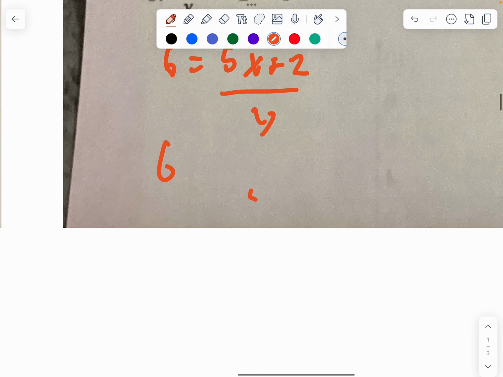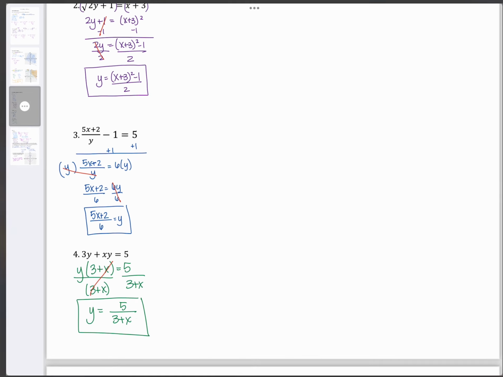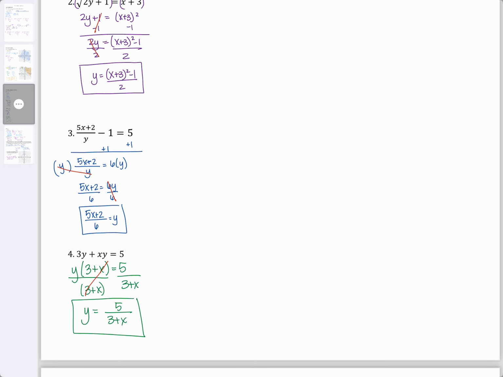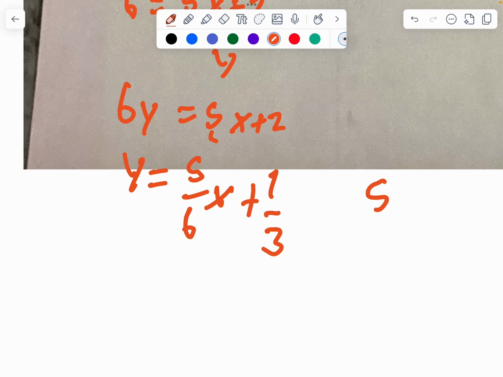So you get 6y, multiplied by y now. 6y equals 5x plus 2. Divided by 6, y equals 5/6 x plus 1/3. Which is the same thing as 5x plus 2 over 6. I just simplified it a little differently.